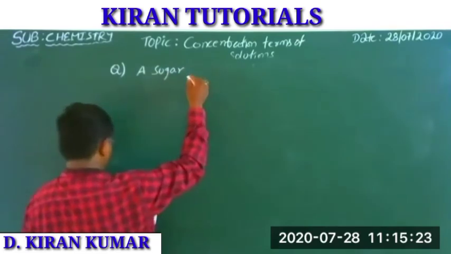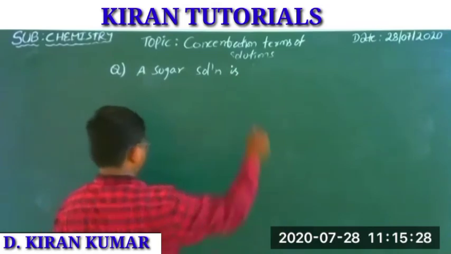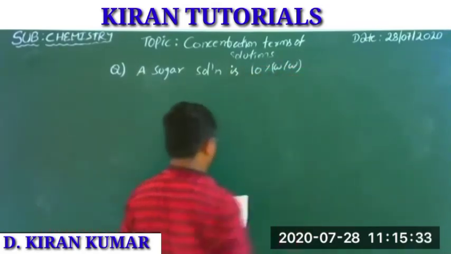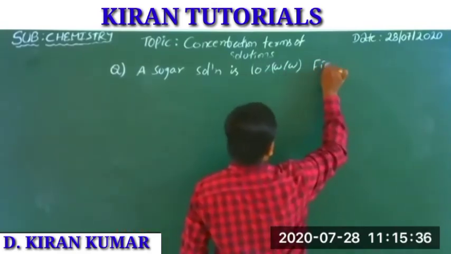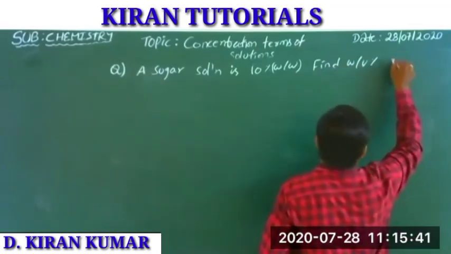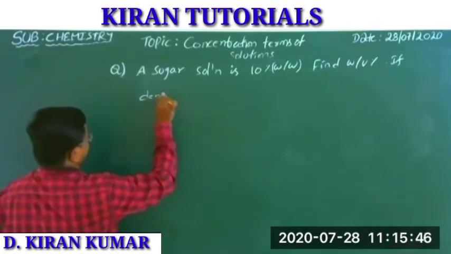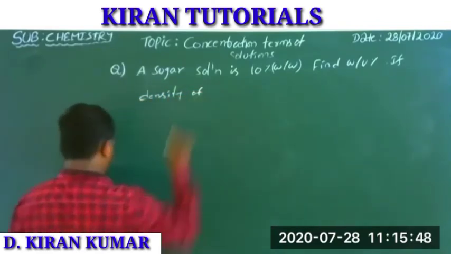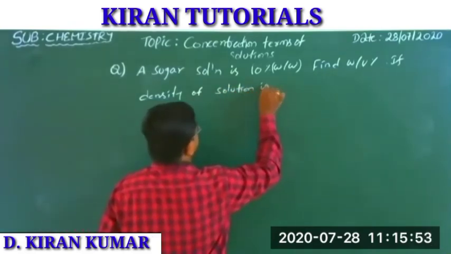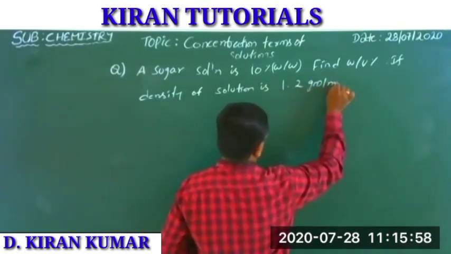A sugar solution is 10% W by W. Find the weight by volume percent if the density of the solution is 1.2 grams per ml.